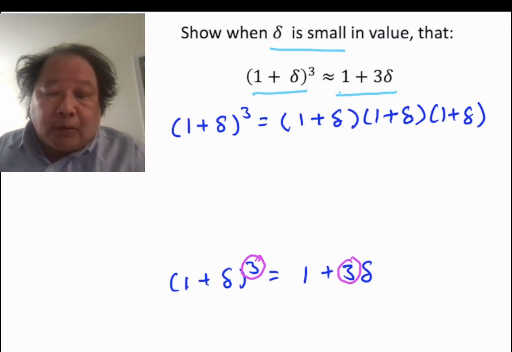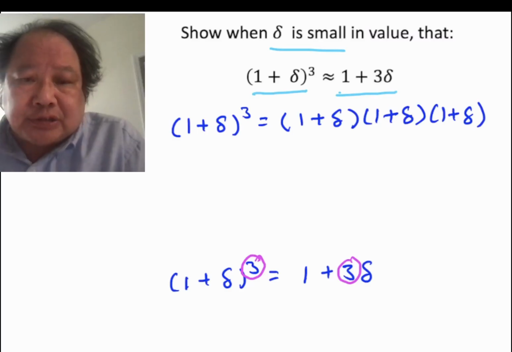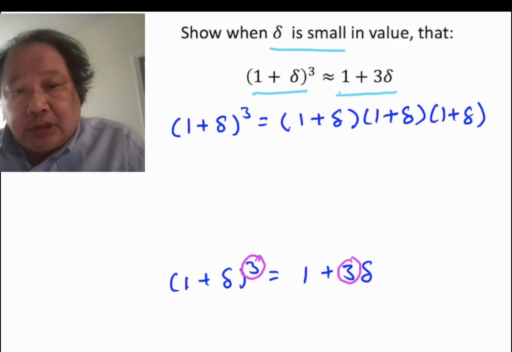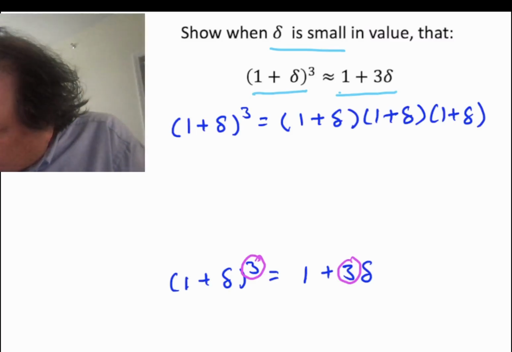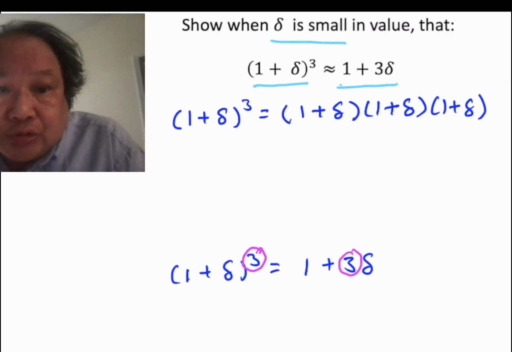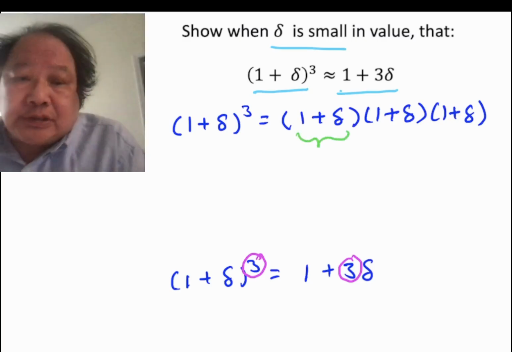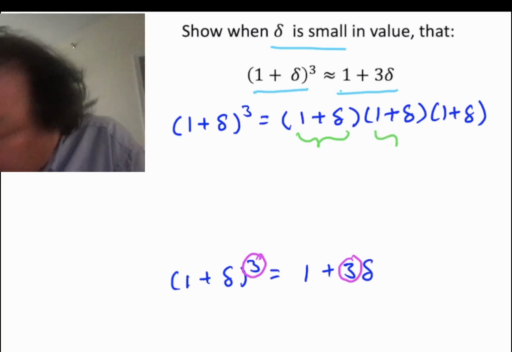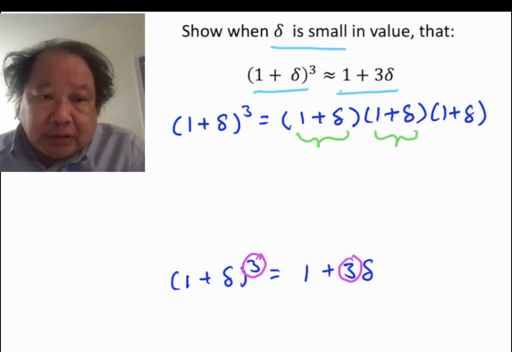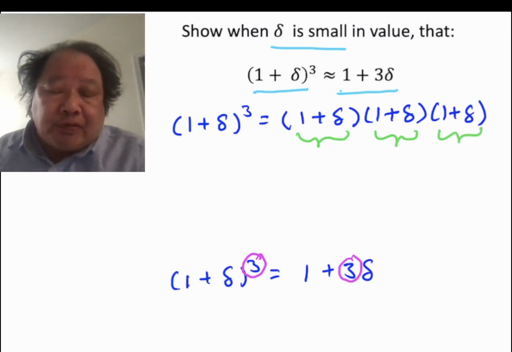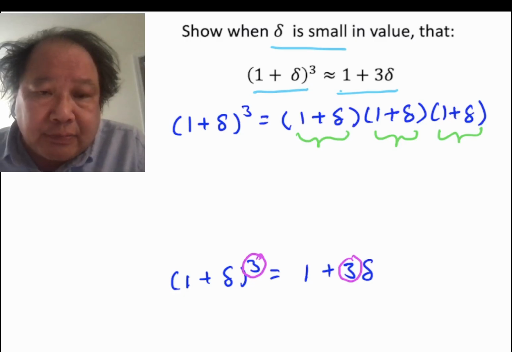To do that, we should go back to the initial expansion of (1 + delta) times (1 + delta) times (1 + delta). That expansion requires choosing each of the two terms from the initial (1 + delta), multiplying it by each of the two terms from the second (1 + delta), and finally multiplying by each of the two terms from the final (1 + delta).